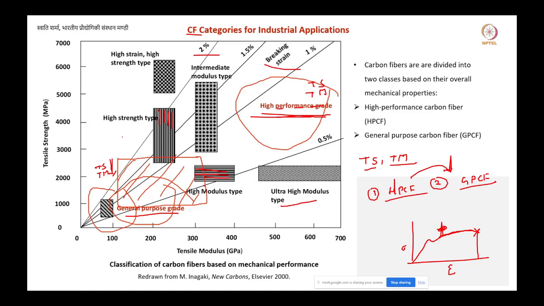That's why it is called high performance: that kind of material will be used only where you require high performance. If you don't require that, then you can use a normal grade material, right? So carbon fiber is also categorized in two categories: high performance and general purpose. Okay, any doubt? No. Okay.